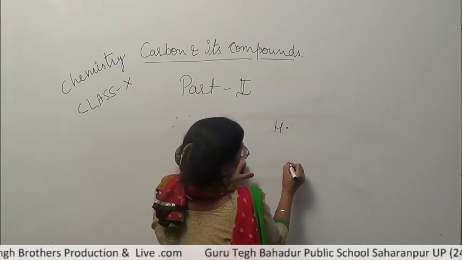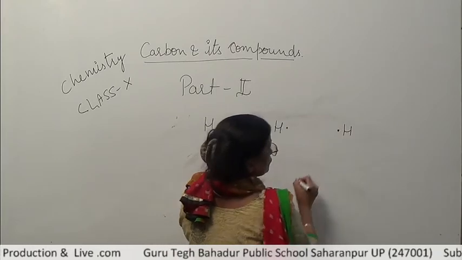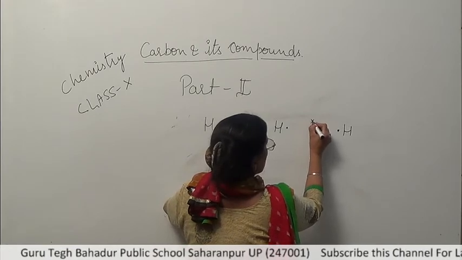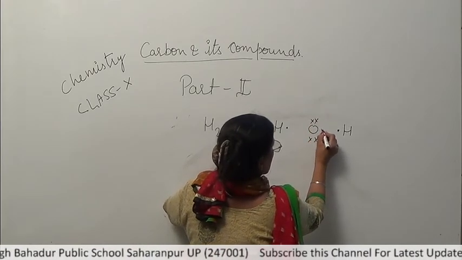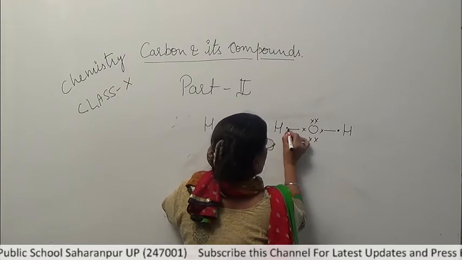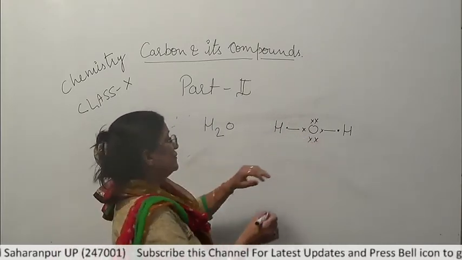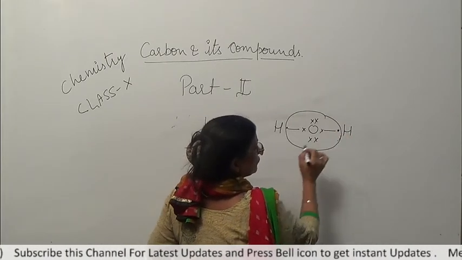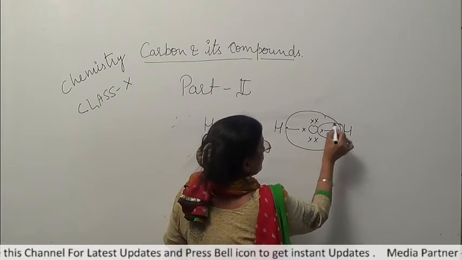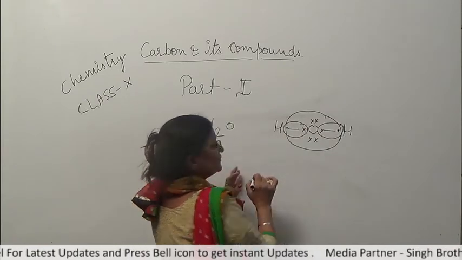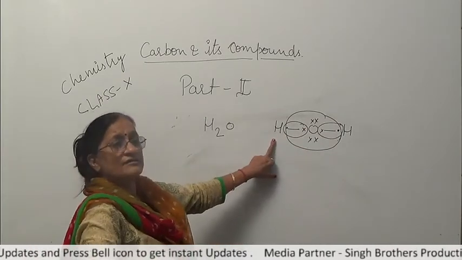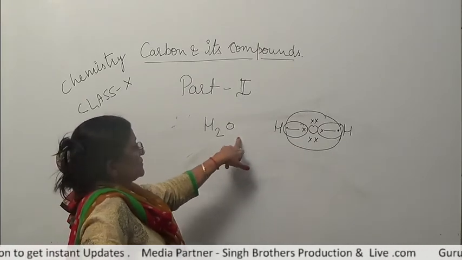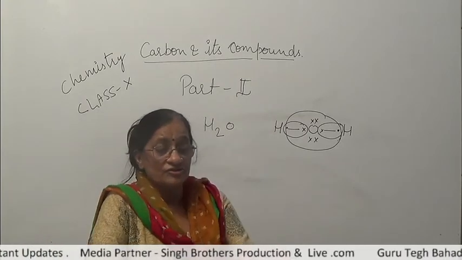H2 means here 2 atoms of hydrogen have to share electrons with one atom of oxygen, and in this way they form their octet. Oxygen forms an octet like that, and hydrogen also completes its outermost orbit this way. So this is the formation of H2O.